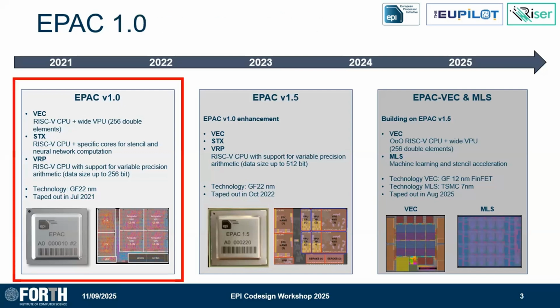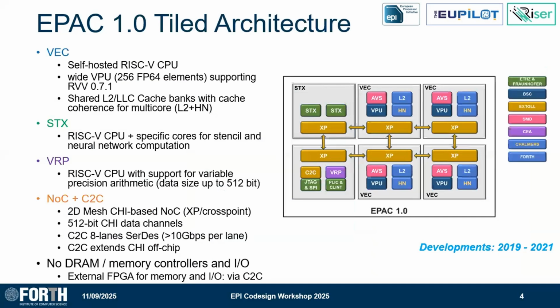So, without further ado, I'm going to go directly to EPAC 1.0. So what is this? Here you can see on the right a kind of cartoonish depiction of what is there. It's like a multi-tiled architecture, 4 VEC tiles, 1 STX tile and 1 VRP tile with some I/O.